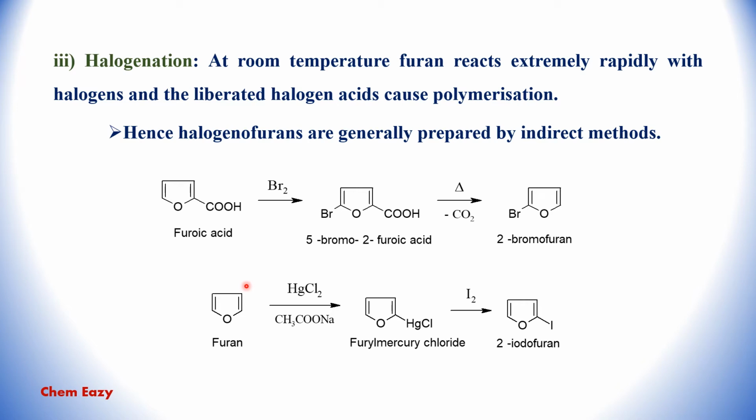In another example, furan is first treated with mercury chloride in sodium acetate, which gives furyl mercury chloride. From this, on iodination, we get 2-iodofuran. In this reaction also, the furan is not iodinated directly. Indirectly, after making furyl mercury chloride, from this we get 2-iodofuran.